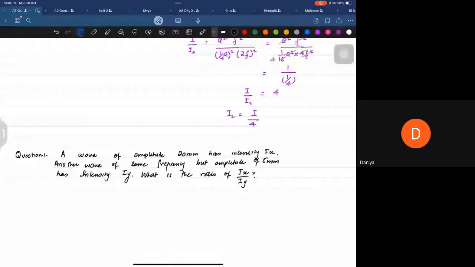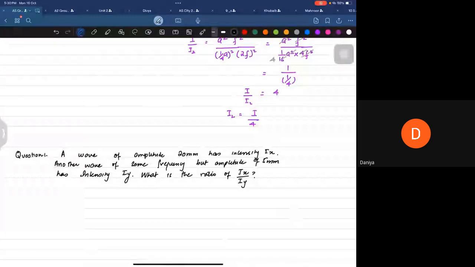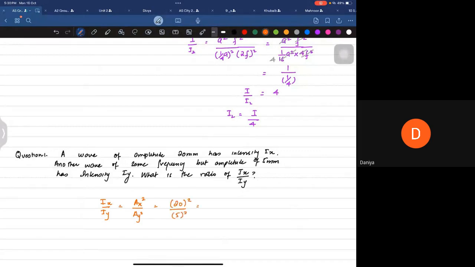Asma, what about you? All right. So, all you need to do is Ix over Iy equals Ax squared over Ay squared. So, Ax is 20 whole squared divided by 5 whole squared. You should get 16 out of it. And that's this simple. Very good, Asma. Excellent job.